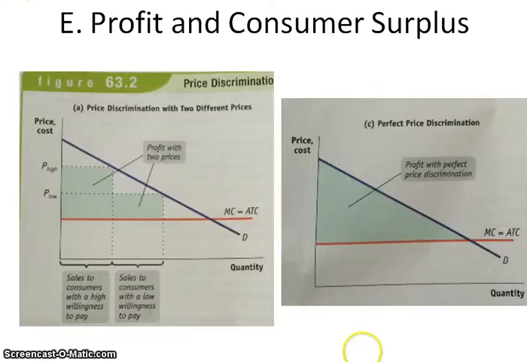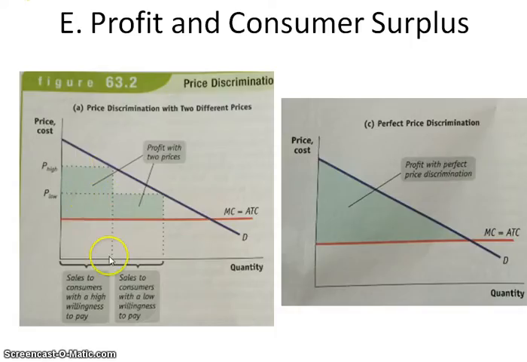Okay, this is taken from your book, and what you need to think about is economic profit, which again, we said if you can discriminate, you're going to have a larger economic profit than you are if you're a single price monopolist. And when you're looking here at how they're figuring it out, again, you're looking at the price of that quantity minus the cost, and that is going to give you the different economic profits that go along with it.